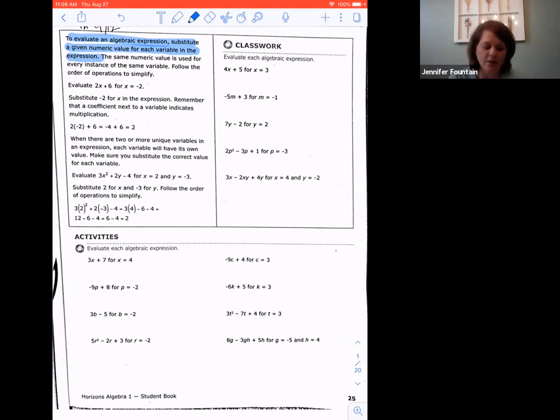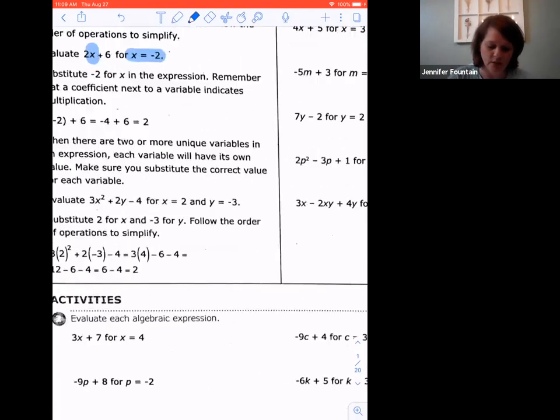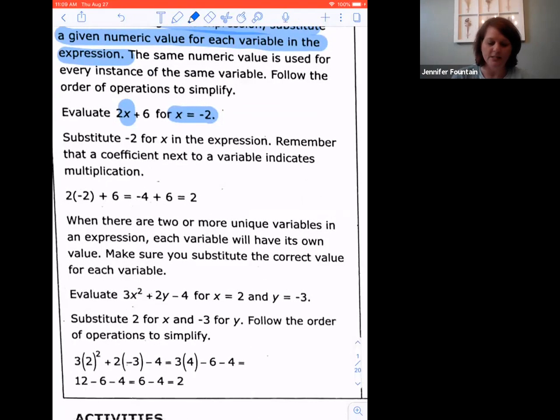So if I have x equals -2, then everywhere I see x in my problem, I'm going to plug in -2. Sometimes it gives us values for numerous variables, and we'll look at that in just a minute. Then it says to follow the order of operations to simplify.